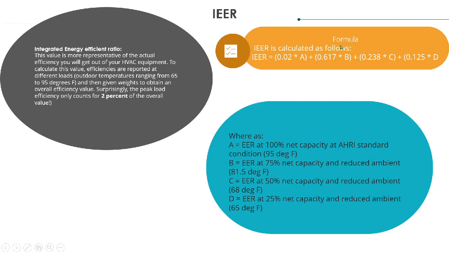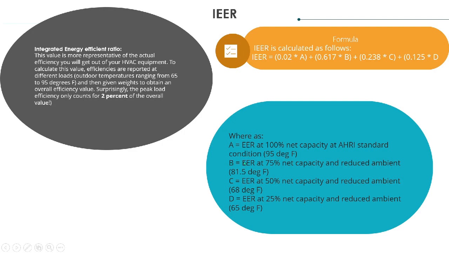As you can see, we have one formula in order to estimate the IEER value. IEER is calculated as follows. IEER is 0.02 multiply A plus 0.617 multiply B plus 0.238 multiply by C plus 0.125 multiply by D. This is the overall formula for IEER rating, whereas A is equivalent to EER at 100% net capacity at AHRI standard condition at 95 degrees Fahrenheit.